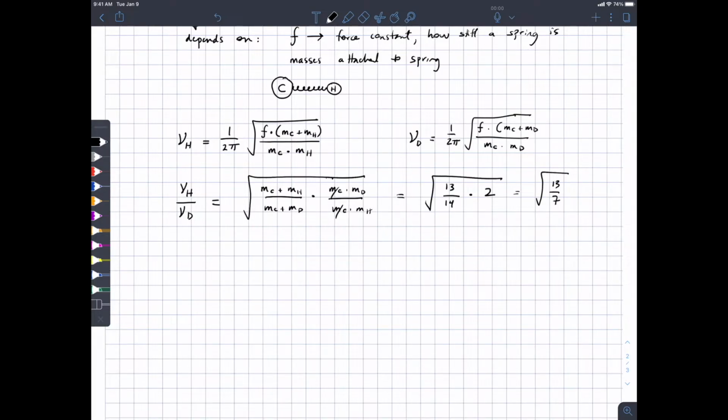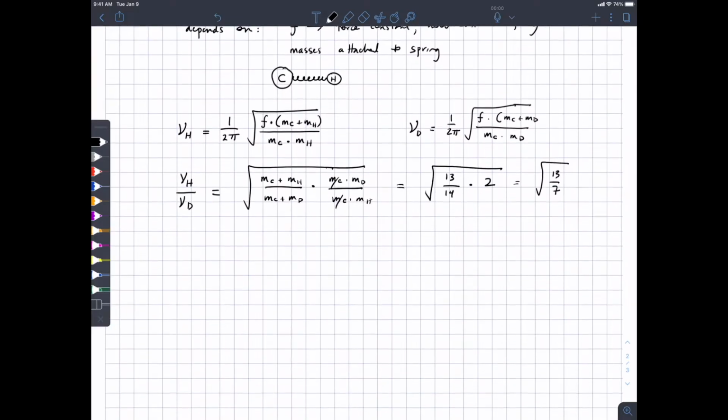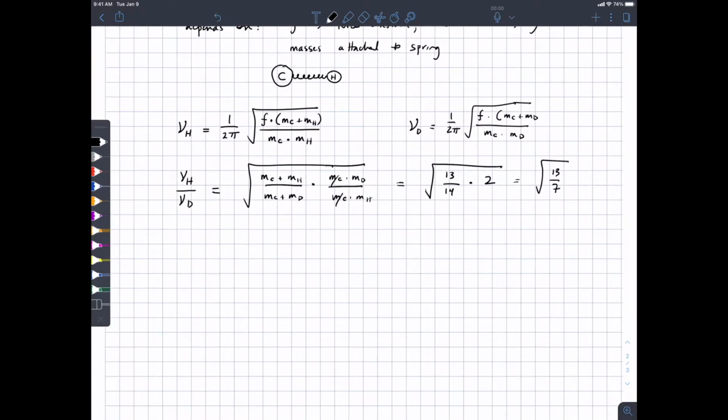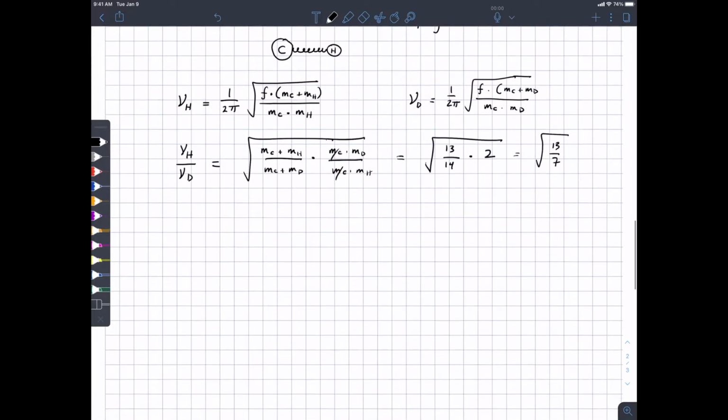What I mean to say is that if we run these numbers out, we can calculate what the energy difference is for hydrogen versus deuterium. Okay?